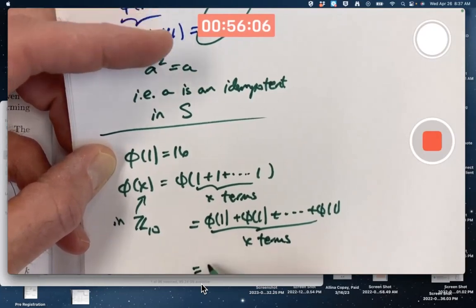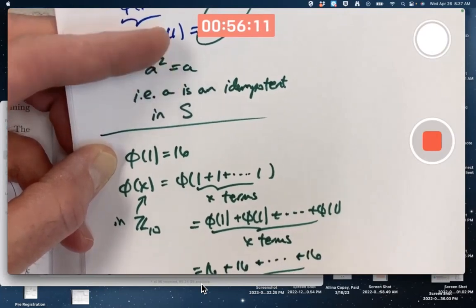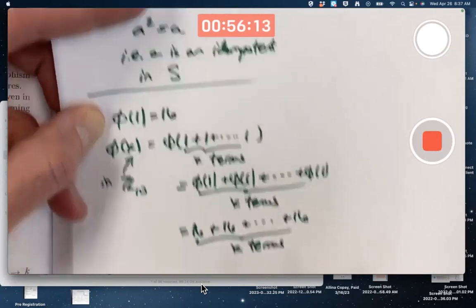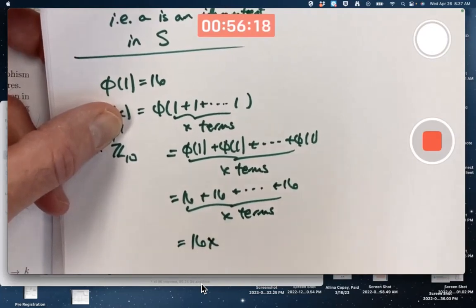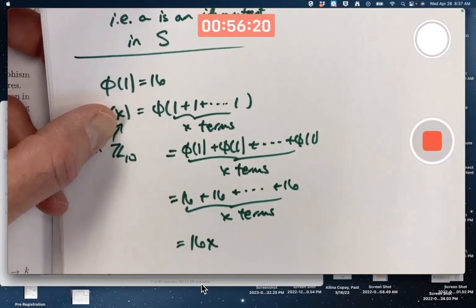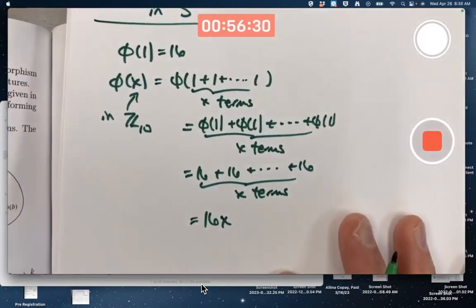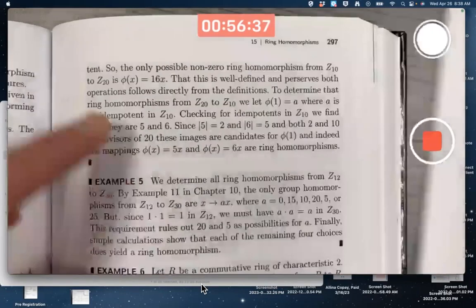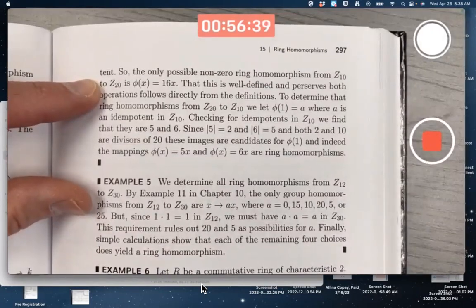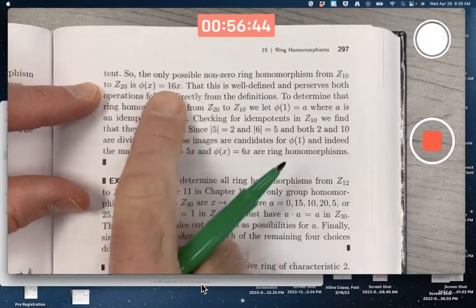Well, that's 16 added to itself with X terms, which is the same as 16 times X, 16X. I mean, yes, in the end, you have to also mod by 20. That's the only possibility for a non-trivial ring homomorphism from Z10 to Z20. Just one possibility. Group homomorphisms, there are more. Ring homomorphisms is just one possibility.